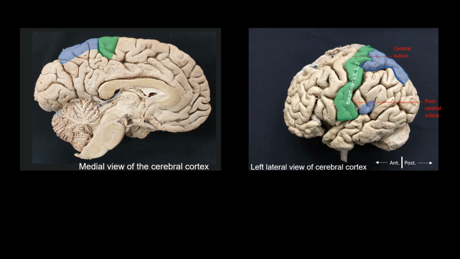The awareness of the body in relationship to the spatial environment gets impaired, and usually the objects in the visual field on the left side are neglected, which is known as hemi-neglect syndrome.